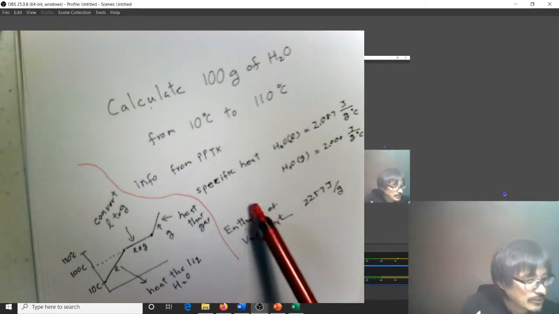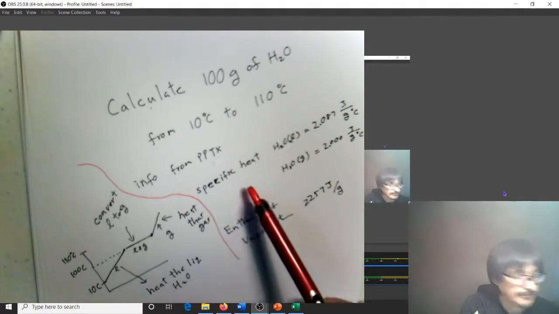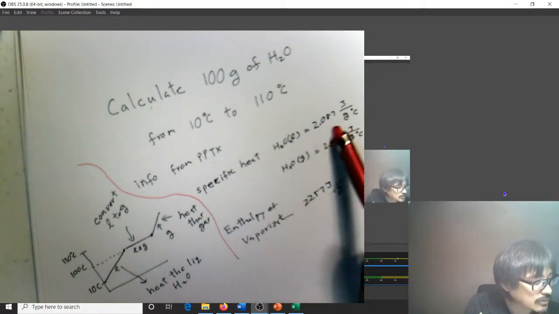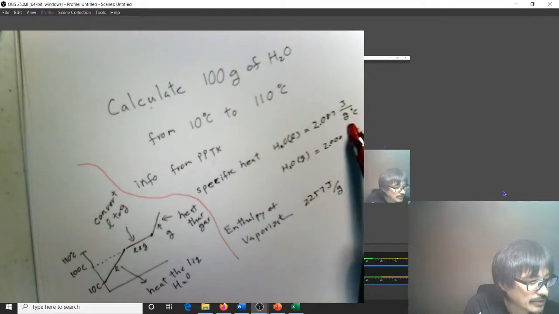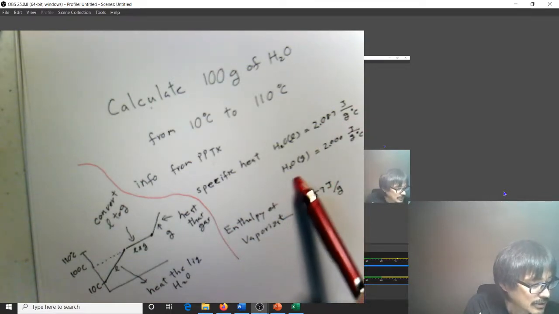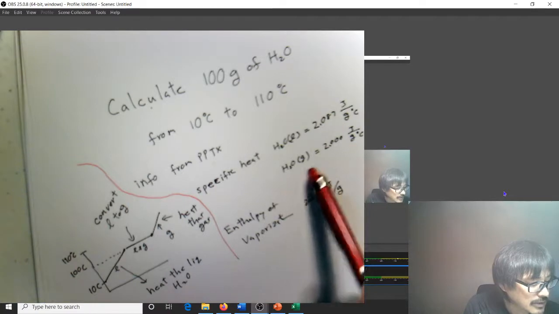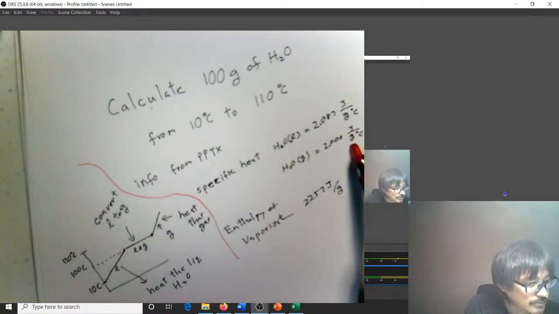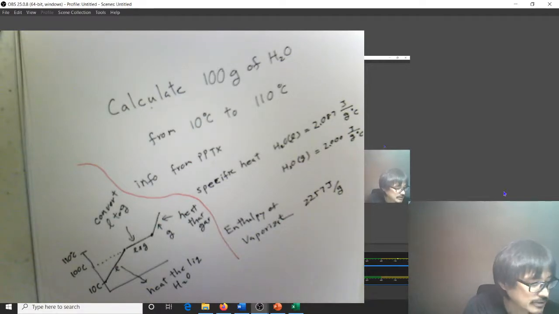First thing that we need is a specific heat. Specific heat of the liquid water is given as 2.087 joule per gram per degree Celsius. The specific heat of the water gas is 2.000 joule per gram per degree Celsius.